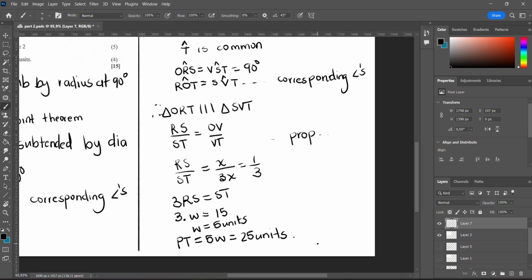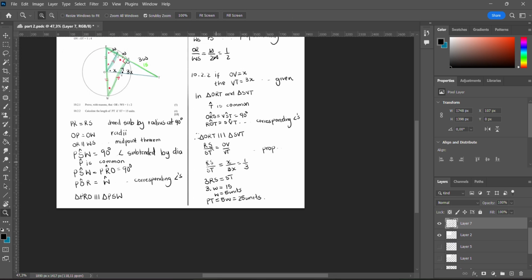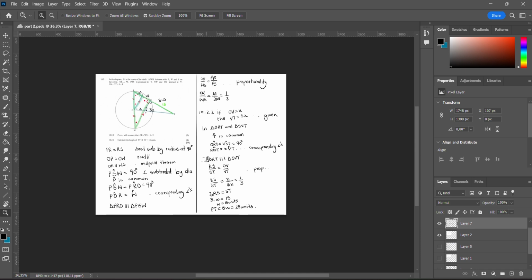Stuff like substituting is sometimes important. If you don't write that substitution, or you don't do that 3 times x is 3x, or all those things, you are highly likely to lose marks unnecessarily. So it's best to write everything and to make everything clear for the examiners when you're doing this.